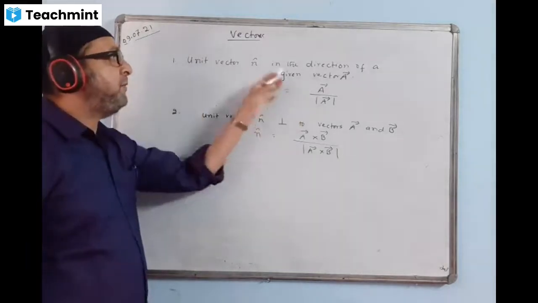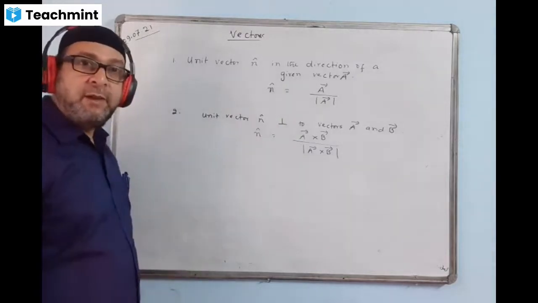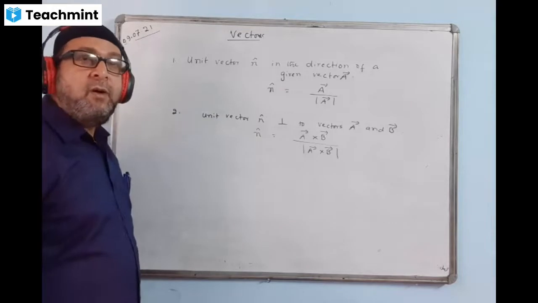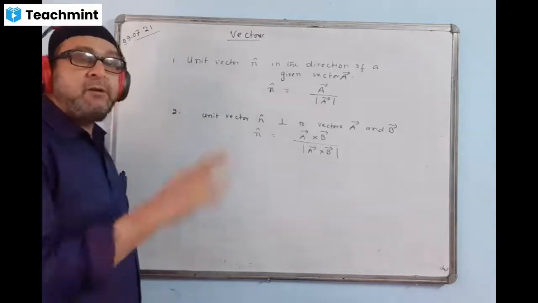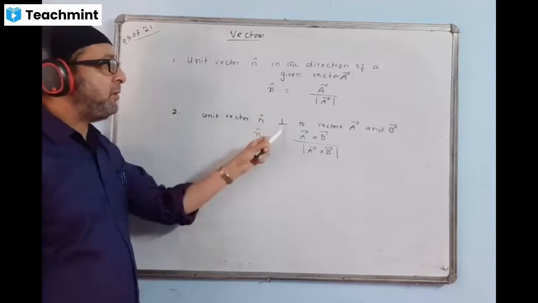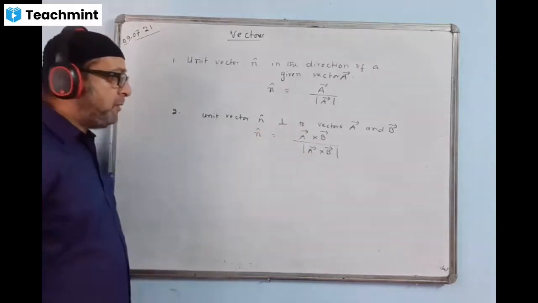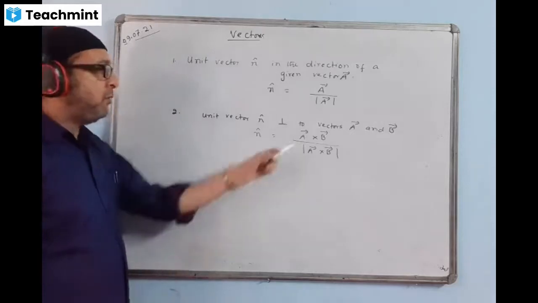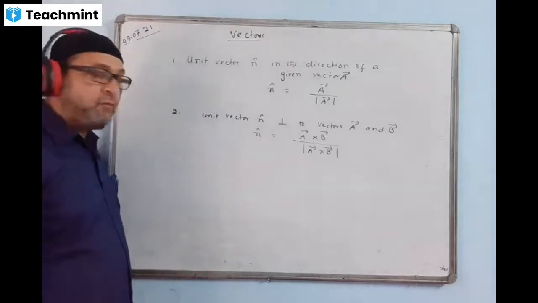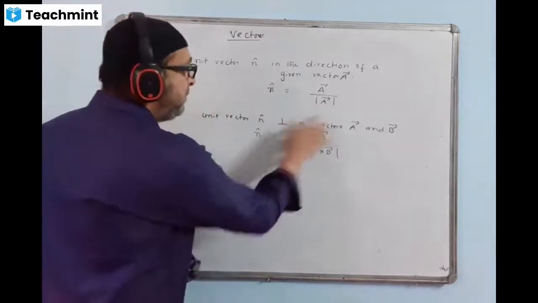A upon magnitude of A, when the question says find a unit vector in the direction of the given vector, or in a direction parallel to the given vector. In a direction perpendicular, we use A cross B by magnitude of A cross B. These are the two types of unit vector.